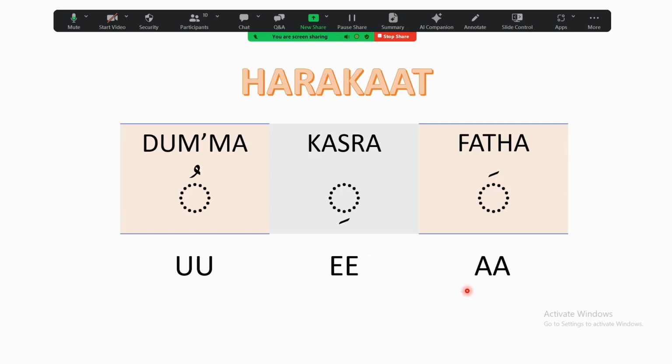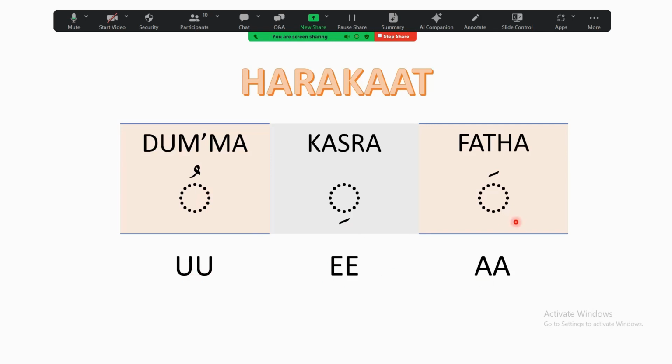I told you there are sounds as well: whenever this slanting line symbol is above any letter, it makes a short vowel sound of a, and the kasra is below the letter and makes a sound of e, and dhamma is again on top of the letter and makes an oo sound, right?